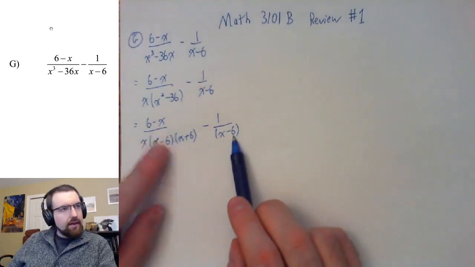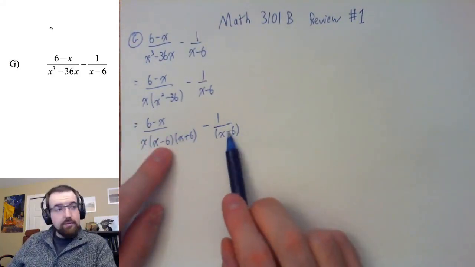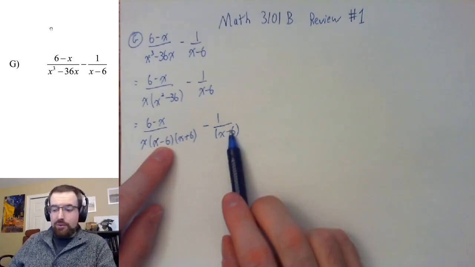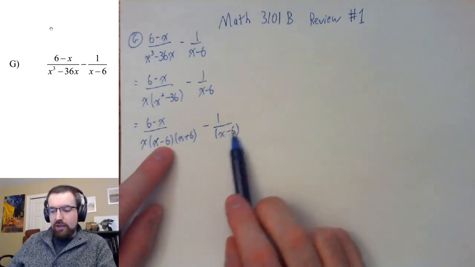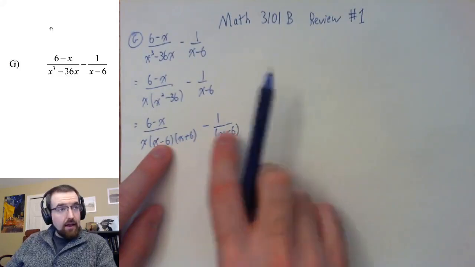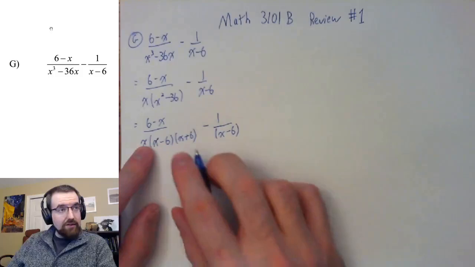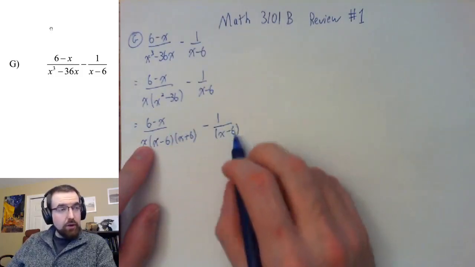Because this is the same over here as it is over here, right? So now I can see that if I want to get the denominators to be the same in both cases, I actually don't need to multiply anything by this x minus 6 because it's already present in both places. I just need to take these two terms, the x and the x plus 6, and multiply them by this one over here.